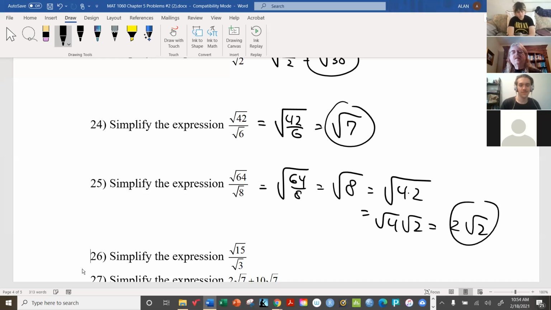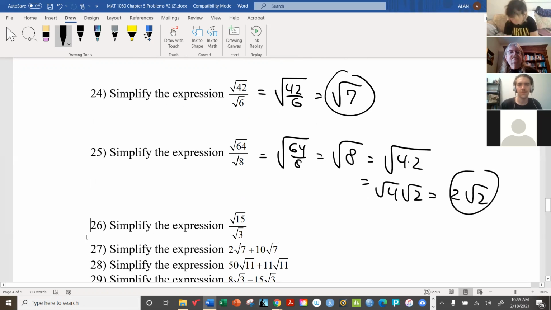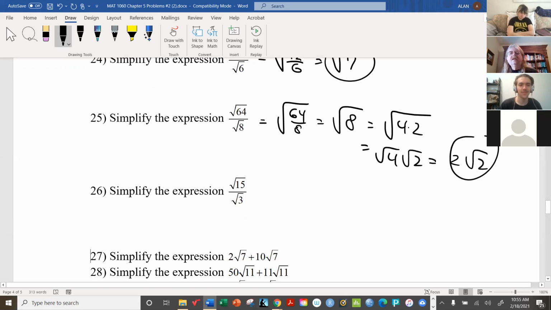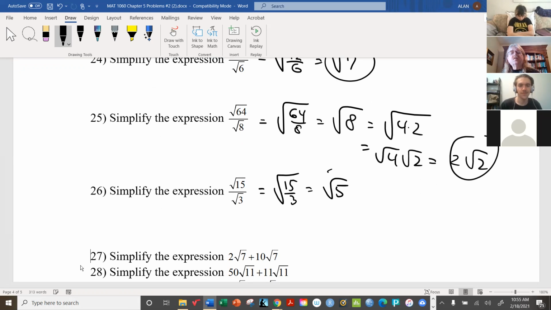And so we end up with a much nicer result, which is 2 radical 2. And then this one, we know what's going to happen here. It becomes radical 5, which is prime. We can't do anything with it.